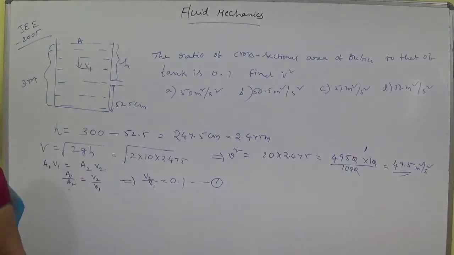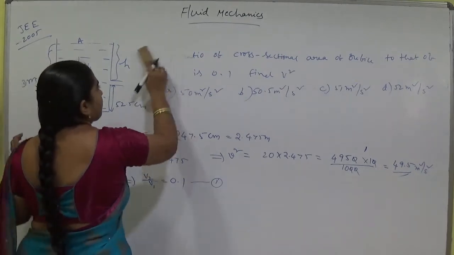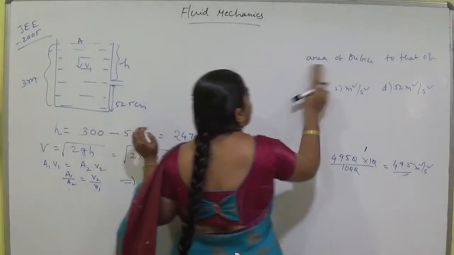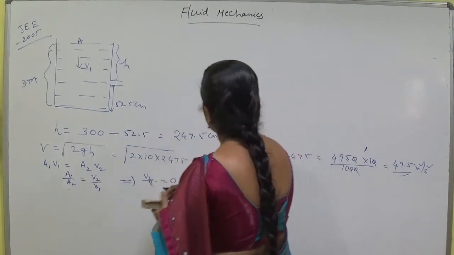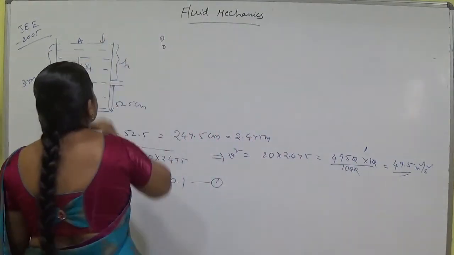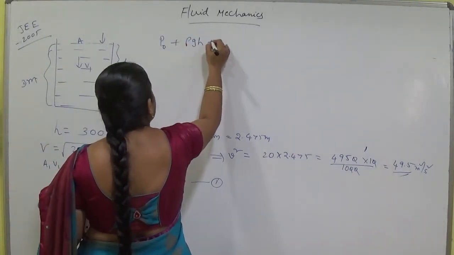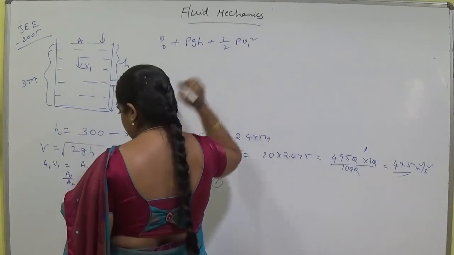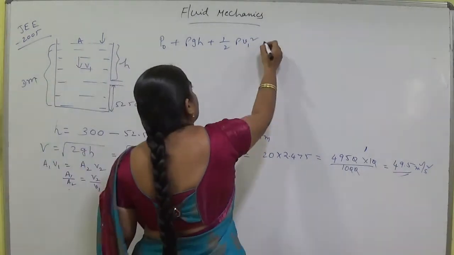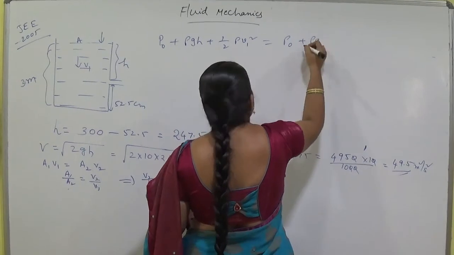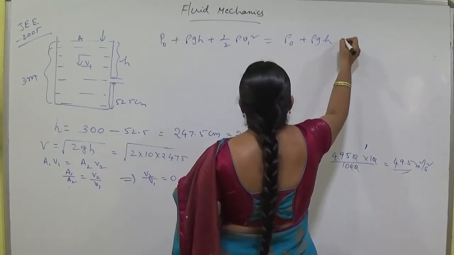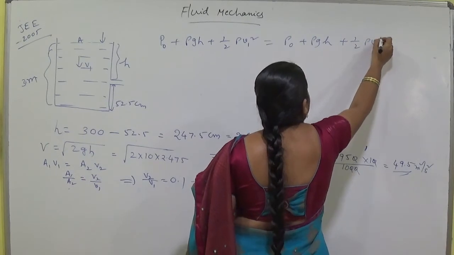So according to Bernoulli's principle, P naught plus rho GH plus half rho V1 square is equal to P naught plus half rho V2 square.